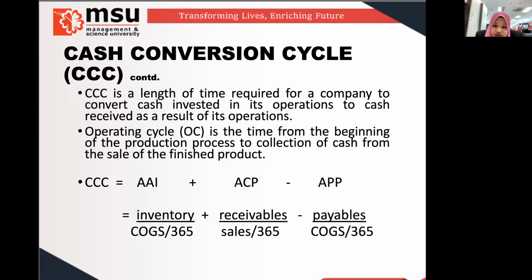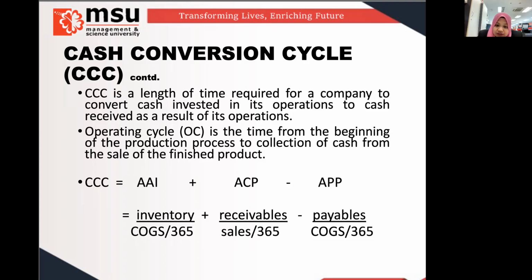Okay. So next, average collection period. So average collection period, it is account receivables divide with the answer of sales divide with 365. Okay. Why sales have to be divided 365? It is because we want to know the average sales per day. Okay, average sales per day.